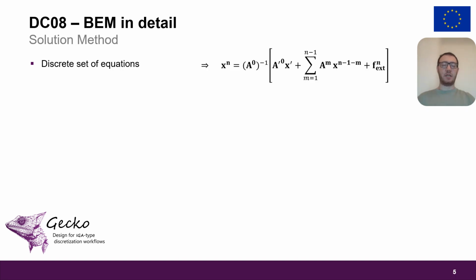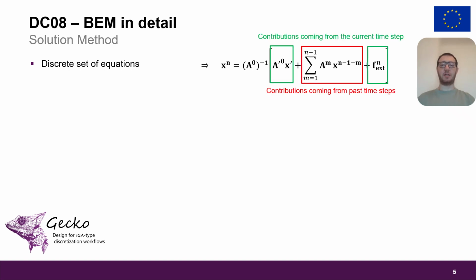And when we discretize it, we can get the equation of motion, such as this one, where our current time step is obtained by using the contributions coming from the current time step, as well as the contributions coming from the past time steps. This is due to the nature of the convolution.